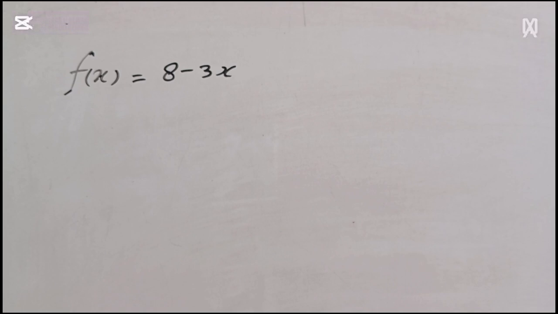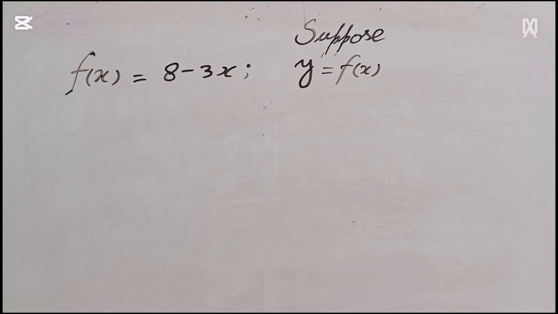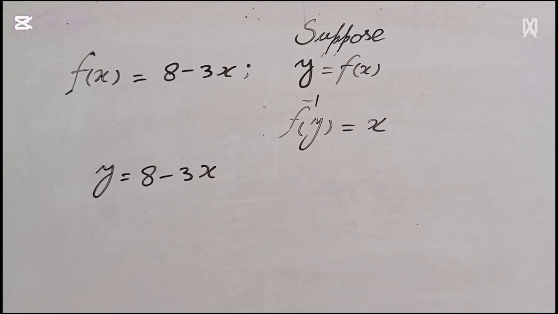Now we'll suppose that it is equal to y. We suppose y equals f(x), then f inverse of y equals x. This function f(x) may be written in the form y equal to 8 minus 3x.